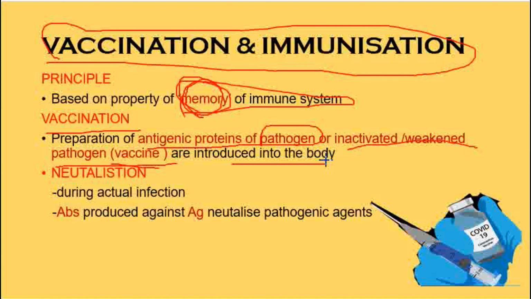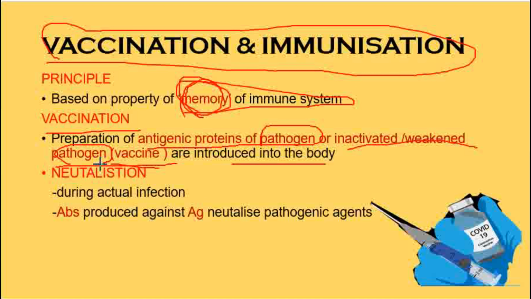It can be a part of the pathogen, or the whole pathogen itself, which you take and inactivate or weaken so that it doesn't cause infection or disease in you. We must be careful: you must inactivate or weaken it properly, or else you'll get an infection or a disease.